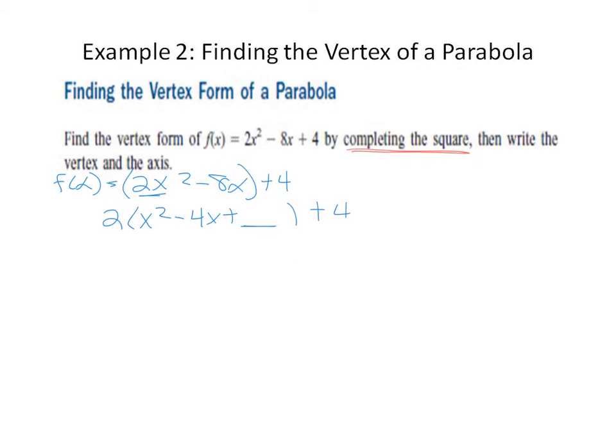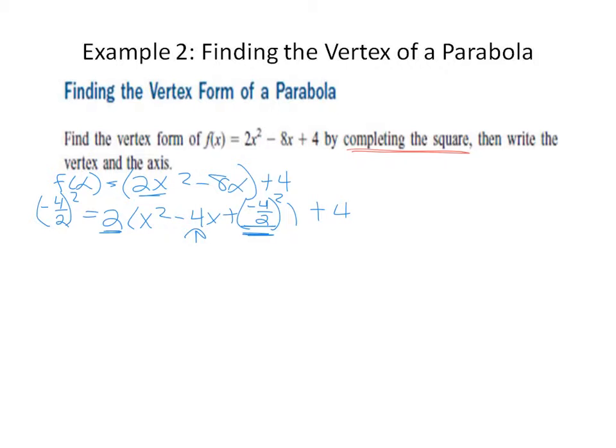And so remember, what we did is we took negative 4 divided by 2. So we took our b divided by 2 and squared it. And then we put that on the other side of the equal sign. Negative 4 divided by 2 squared. Remember, whatever we do on one side, we have to do to the other. The only thing you have to worry about, though, is remember that this 2 belongs with this.